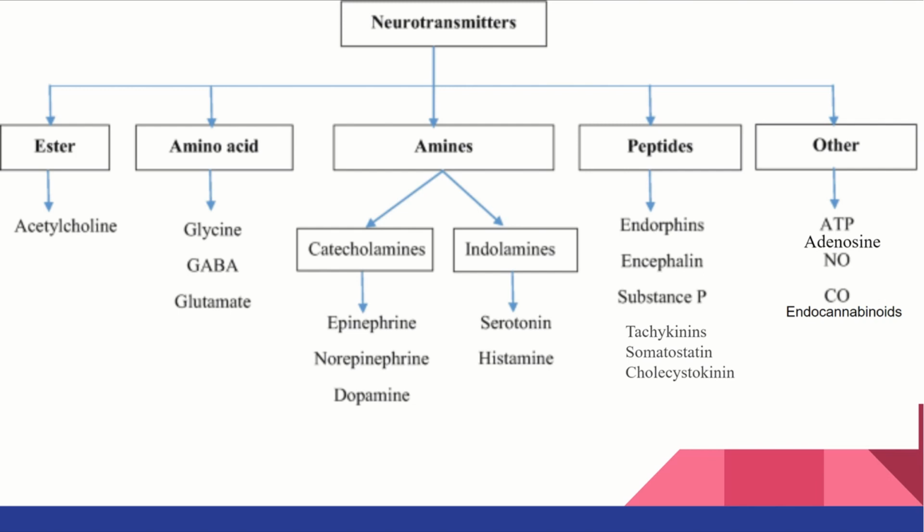So one of the problems with strokes is that the neurons are getting so much blood that they start firing their synapses. They start releasing neurotransmitters over and over and over again. And eventually that will cause them so much stress that they will die.